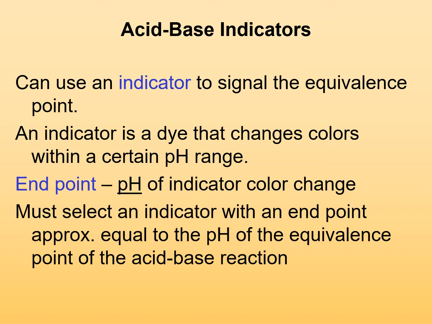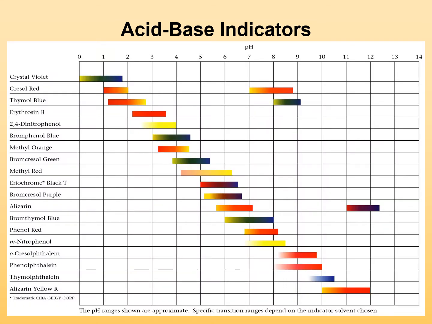So when doing titrations, we need to select an indicator with an endpoint approximately equal to the pH of the equivalence point of the acid-base reaction. So we need to make sure to pick a correct indicator. So here's showing you that there are tons of indicators that are going to change color at different pHs.